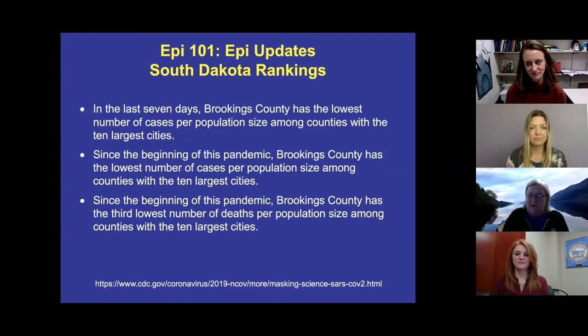Since the beginning of the pandemic, Brookings County has the third lowest number of deaths per population size among counties with the 10 largest cities. And we've been moving up in that, and I think that we may get even better at that ranking over the next month or so. So I just wanted to show people that.